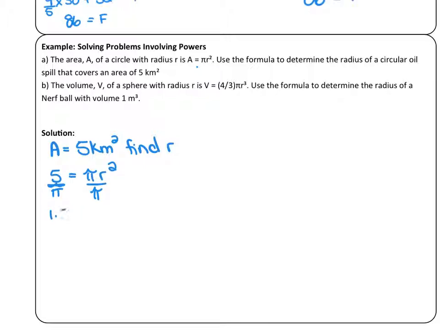Divide by pi. So 5 divided by pi is 1.5915, and it keeps going. But we're left with r squared. And then to find out what r is, we'll just take the square root.